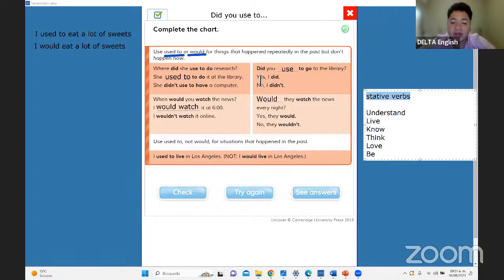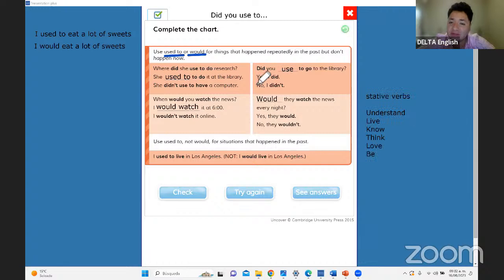Live is not an action that you can repeat, right? We could say that live is a continuous action, but you don't repeat live every day. Tú puedes repetir do, research. You can repeat watch as many times as you want. But these stative verbs, you don't use them in a repetitive way, all right?